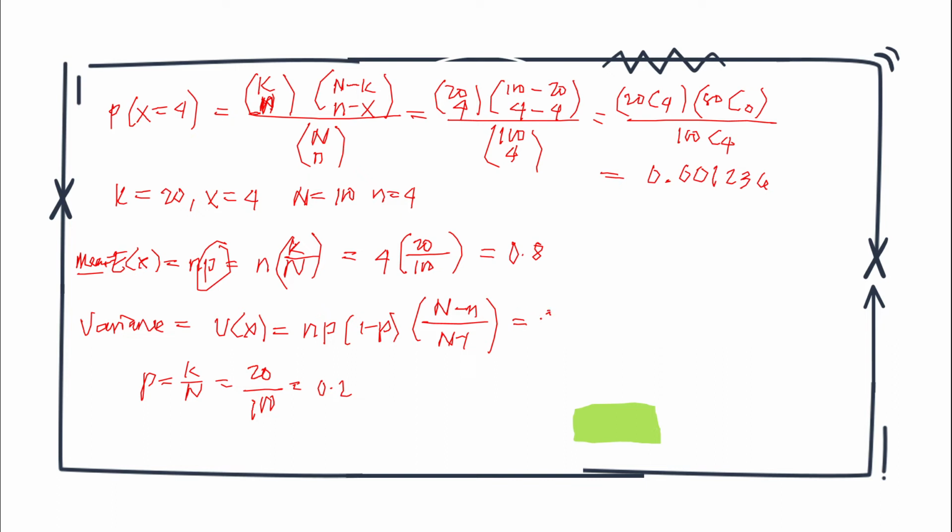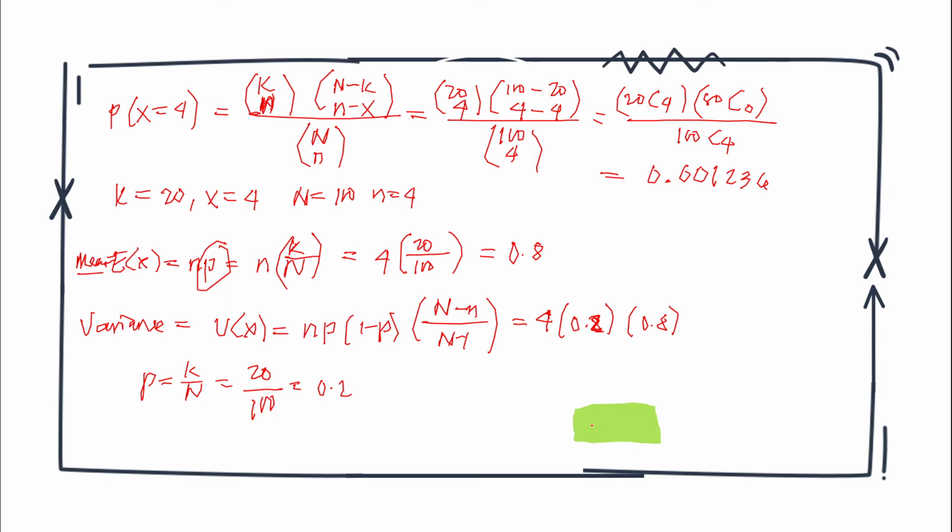N is 4, rather, times 0.2, and we have here 0.8. What is our n?